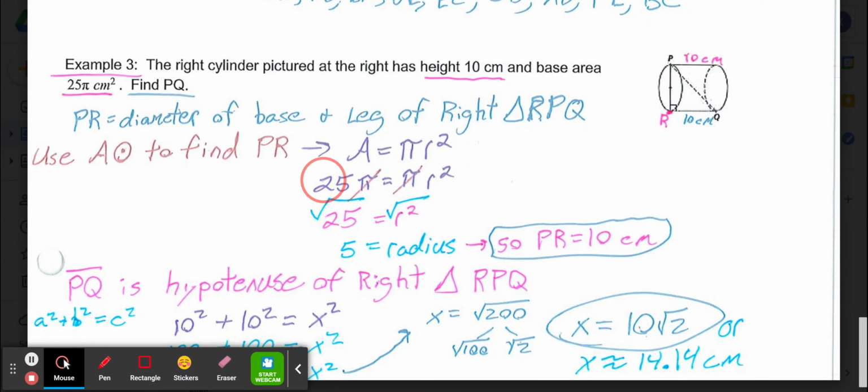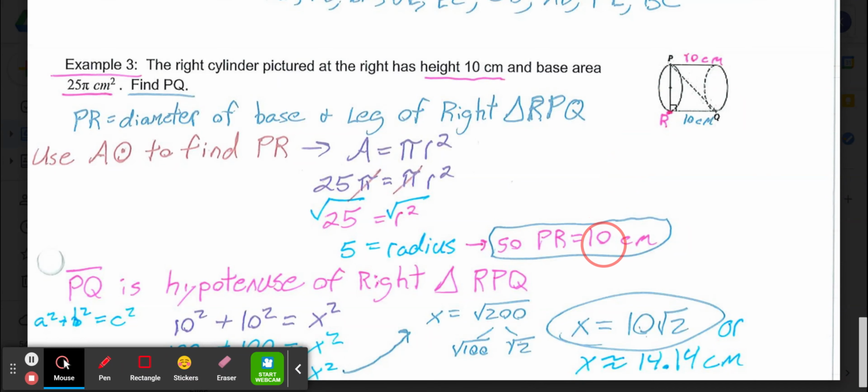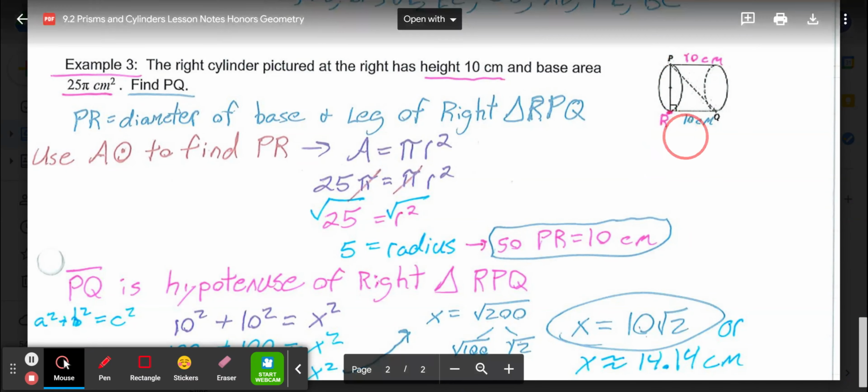So if my circle area was 25 pi, I can divide out the pi on each side. So 25 would equal r squared. Square root of 25 is 5. So I know the radius of this circle is 5, telling me the segment PR, that diameter, would be 10 centimeters. So now I have a right triangle, PRQ, where PR is 10 and RQ is 10.